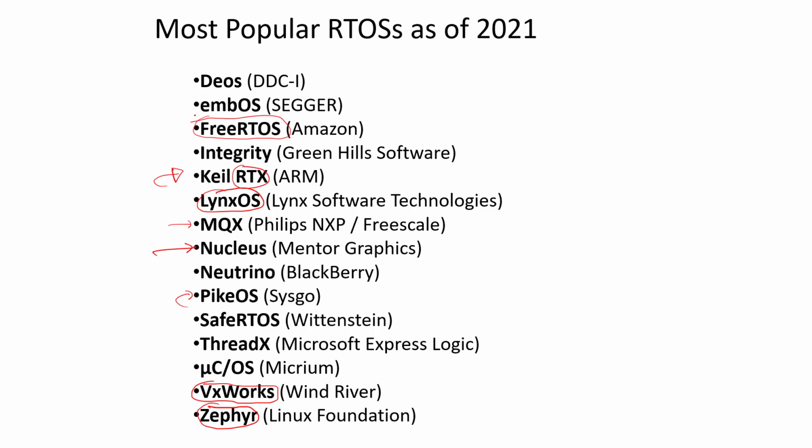FreeRTOS comes with an MIT license. It has a lot of add-on support and libraries can be used. Embedded OS is also something which is very popular in this list. So as you can see, there are some extremely popular offerings, and viewers of this video are more than welcome to download some of these operating systems and run them.